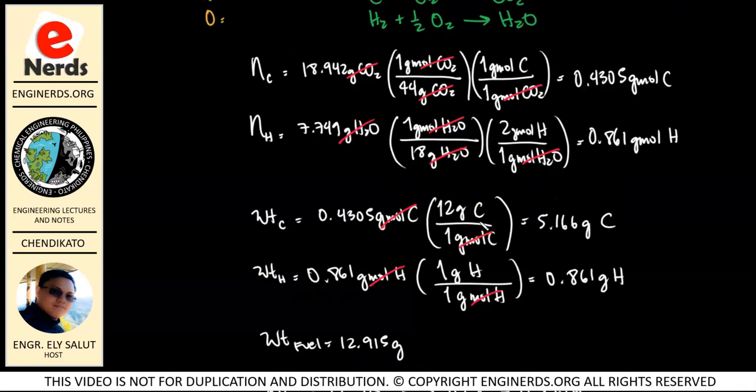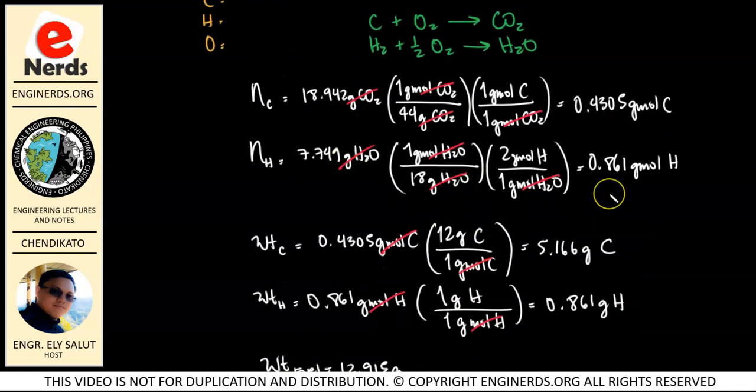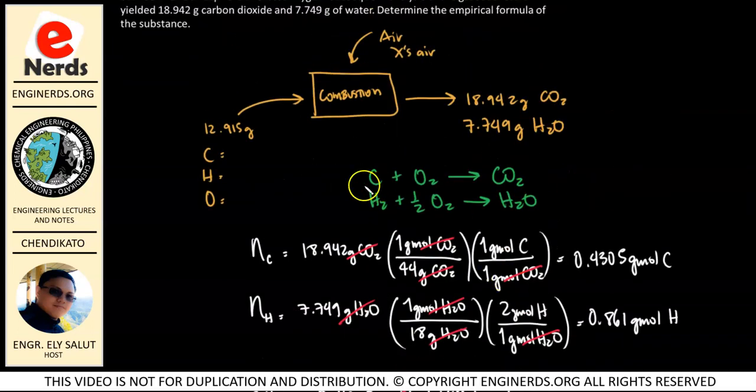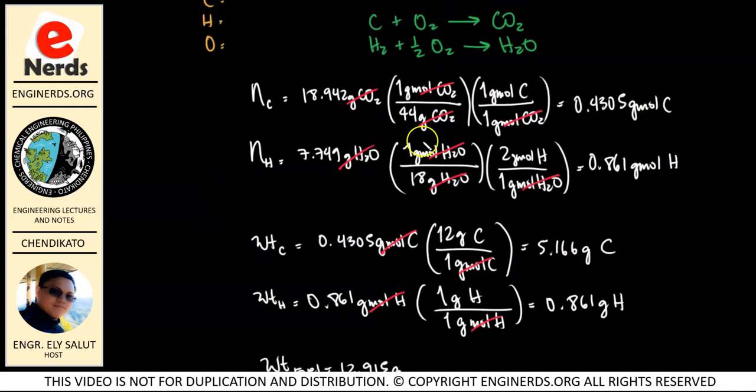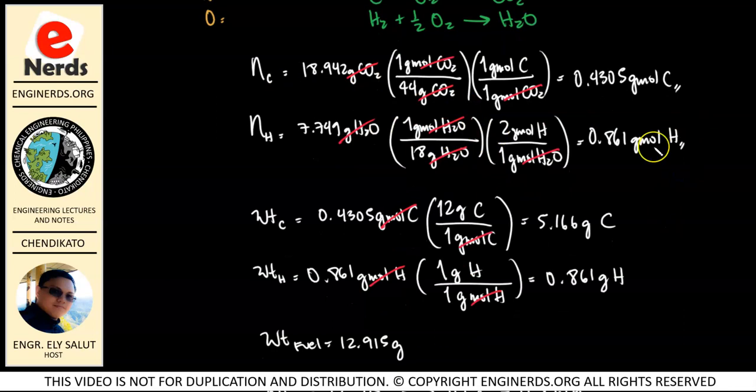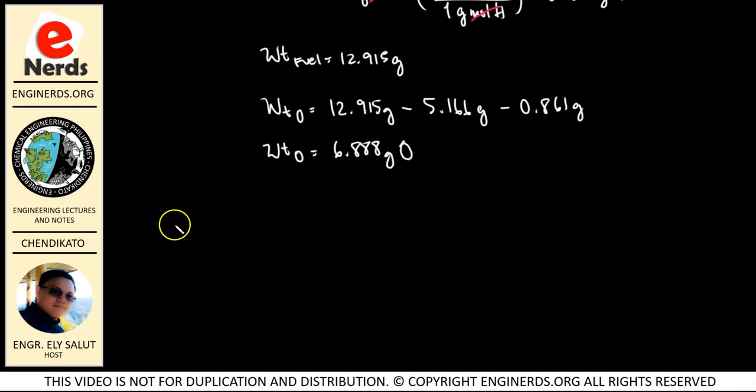So take note, para makuha natin yung empirical formula, we need to get the ratio ng bawat component natin. At ang component natin dito sa ating fuel is carbon, hydrogen, and oxygen. And we already know yung gram mole ng carbon and the gram mole of hydrogen. So, kailangan nating makuha kung ano yung gram mole ng oxygen. So, sulat muna natin para matandaan kaagad natin.